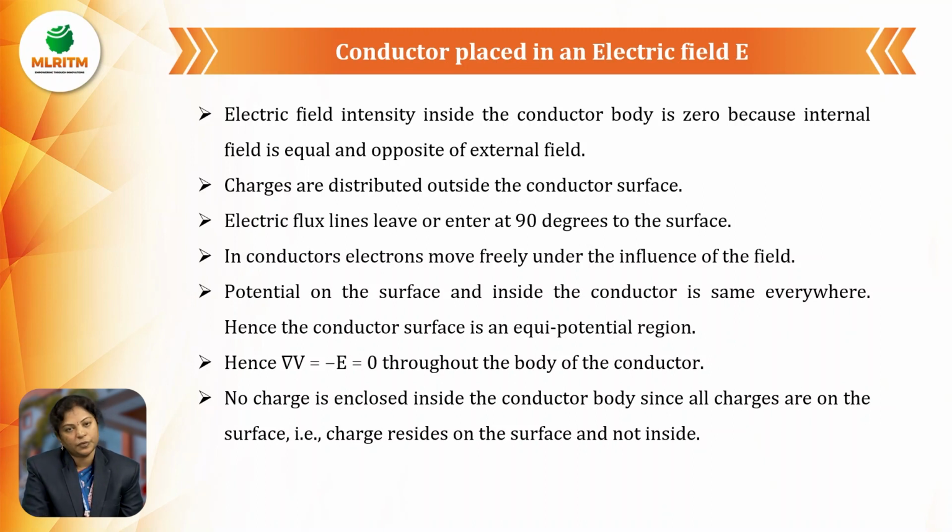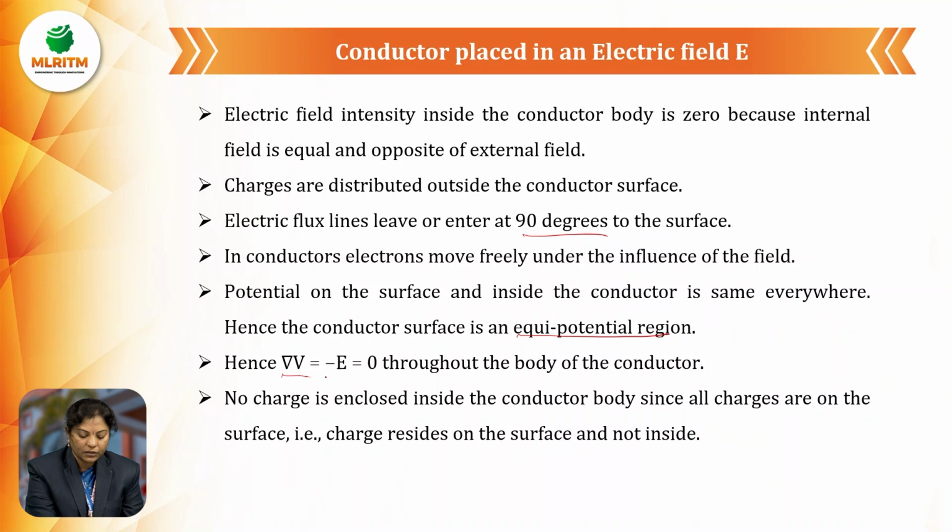Charges are distributed on the conductor surface, and electric flux lines leave or enter at 90 degrees, that is, perpendicular to the surface. In conductors, electrons move freely under the influence of the electric field. The potential on the surface and inside the conductor is the same, and hence the conductor surface is an equipotential region.